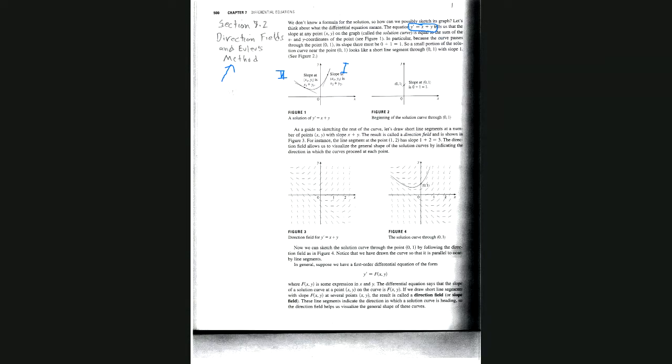Could anybody tell me why, in the first quadrant, the tangent line has a positive slope? They haven't even specified a point.